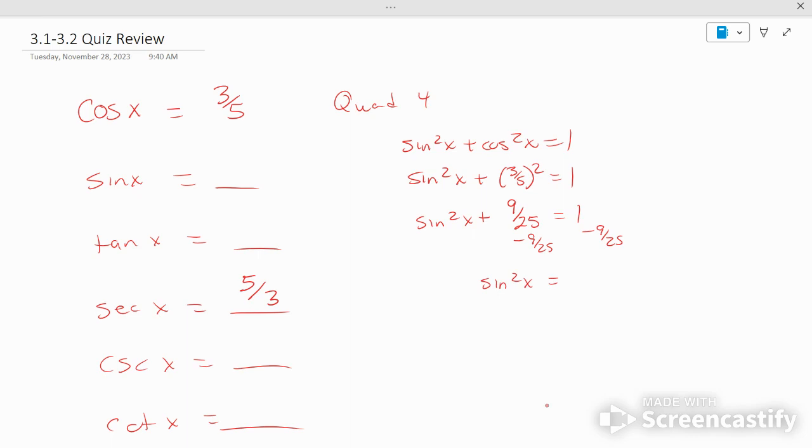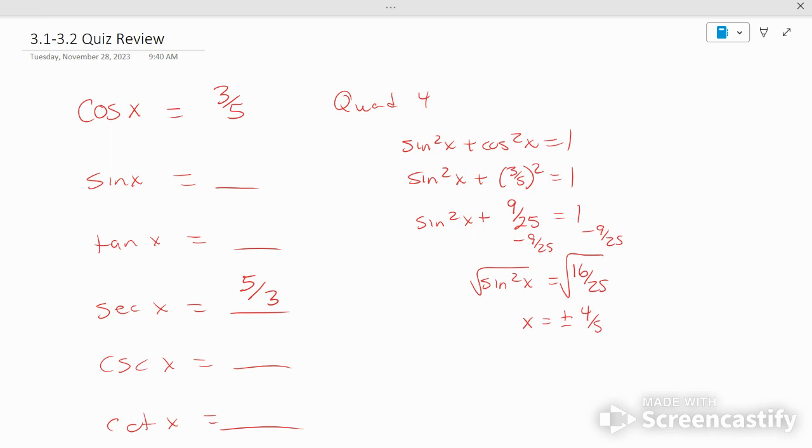1 is the same as 25/25. 25/25 minus 9/25 is 16/25. So if we take the square root of each side, sine of x would equal positive or negative 4/5. Since we're in quadrant number 4, sine is what?